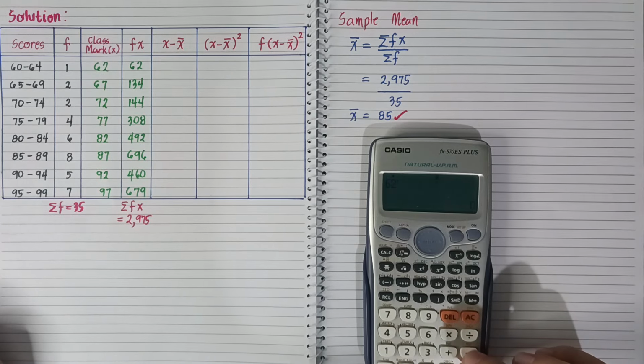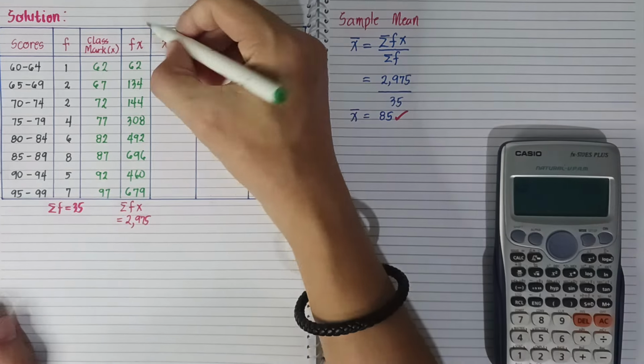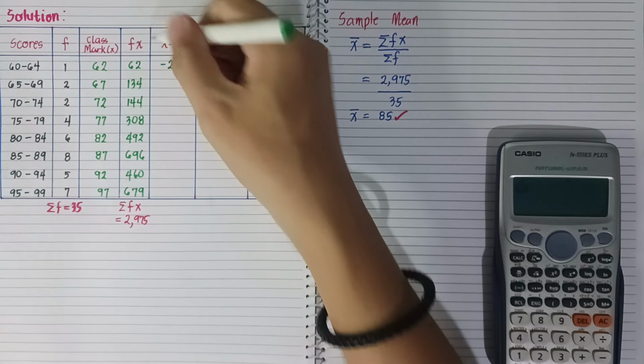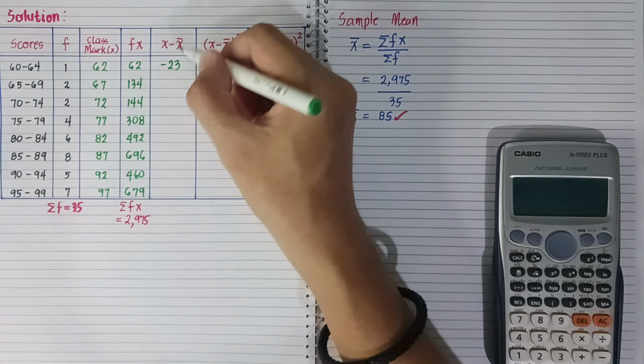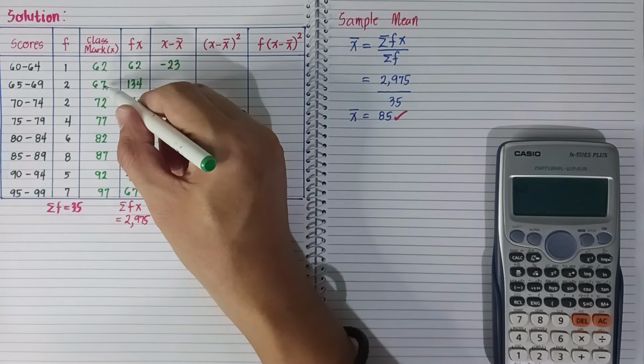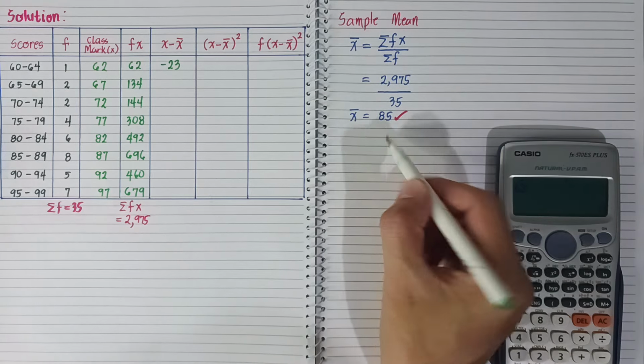Okay, so we have 62 minus 85, that is equal to negative 23. Walang problema guys kung nag-come up tayo ng negative. Later on, i-squared naman natin yan, magiging positive din naman. 67 minus 85, that is negative 18.